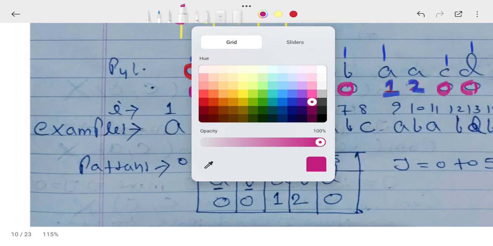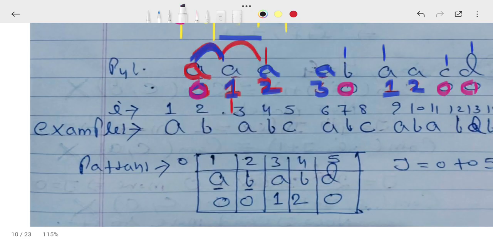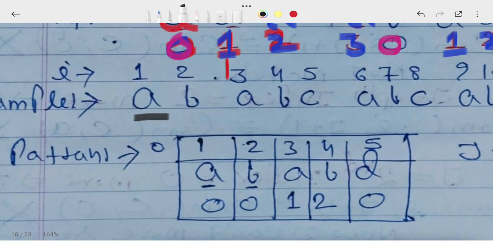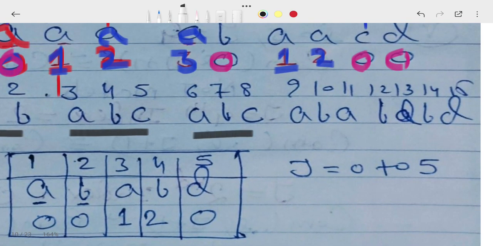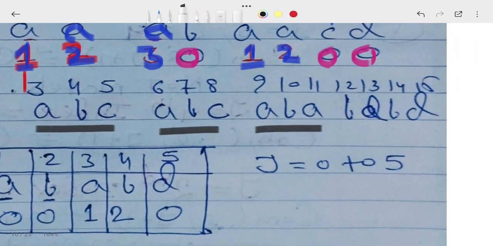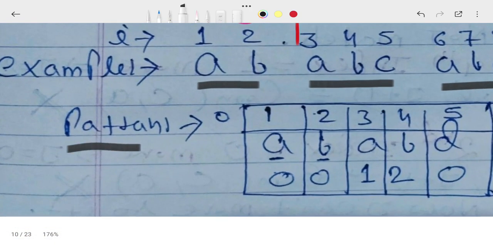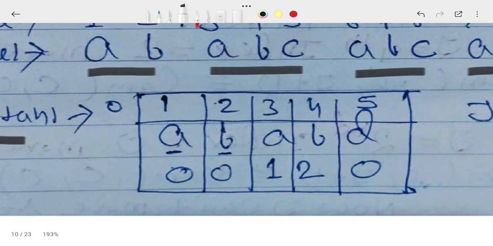Now suppose we have an example. My example is ABC, ABC and ABA, BD, suppose. And now you have to understand how to make this pattern. At first this A and this B and this A, this is my pattern.